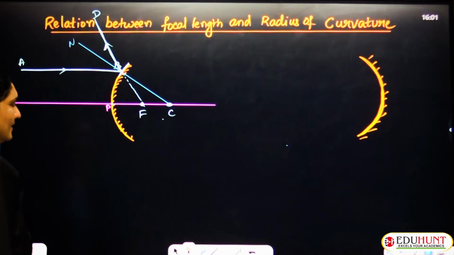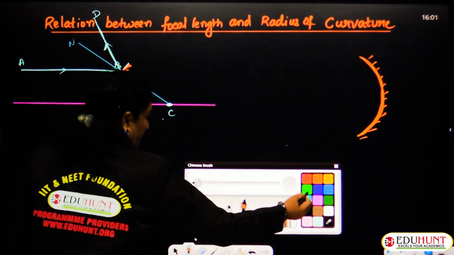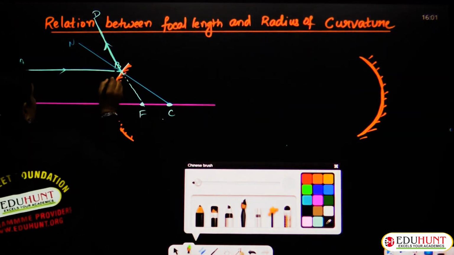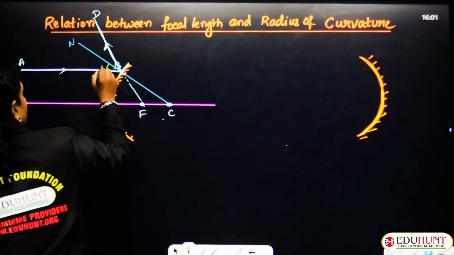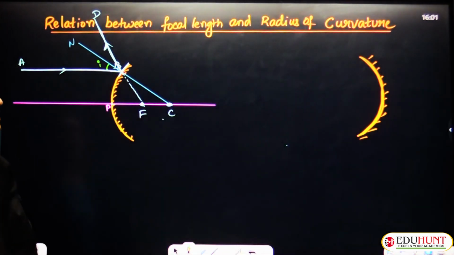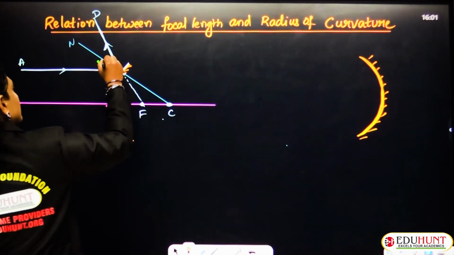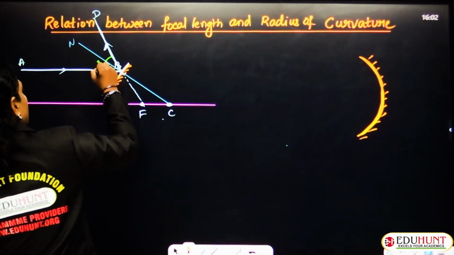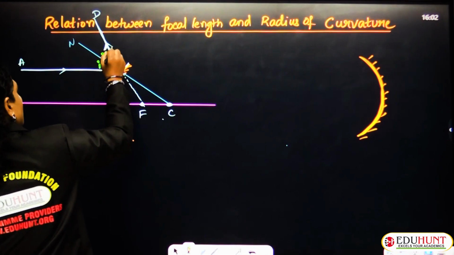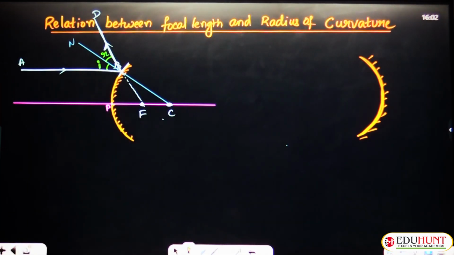Now from the figure it is clear that the angle between the incident ray and the normal is called the angle of incidence, and the angle between the normal and the reflected ray is called the angle of reflection.